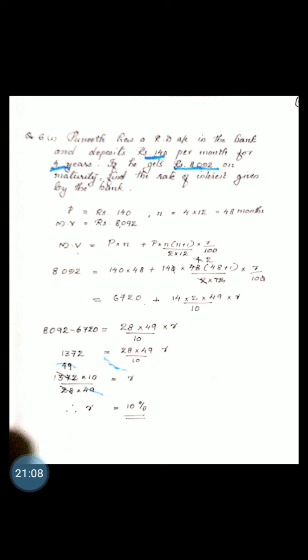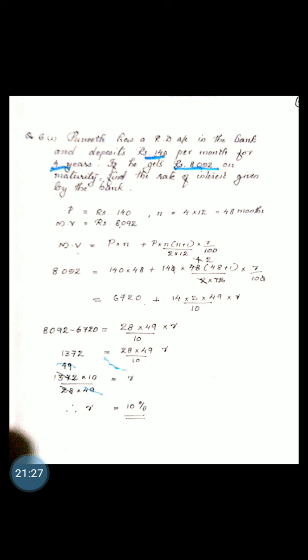In this question, we want to find the time. Time means n. But in the question, it is in years. We will get the time in months, n only. You can convert that into years of this recurring deposit account. That is the question.